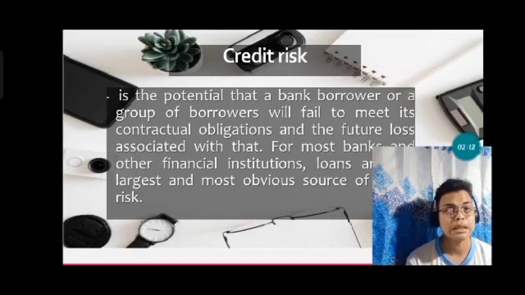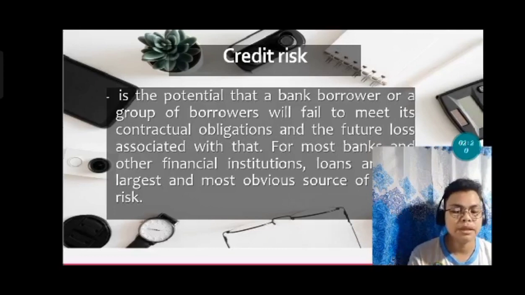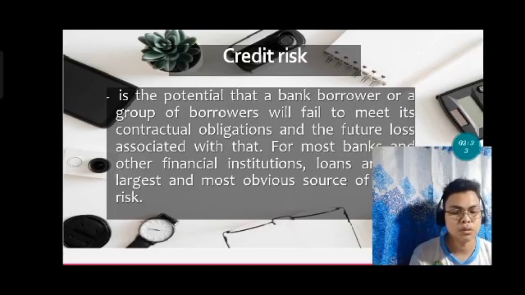It's very important that as a lender, I can mitigate credit risk, because it's beneficial to us as a lender to get the borrowed money back and to have the interest paid.